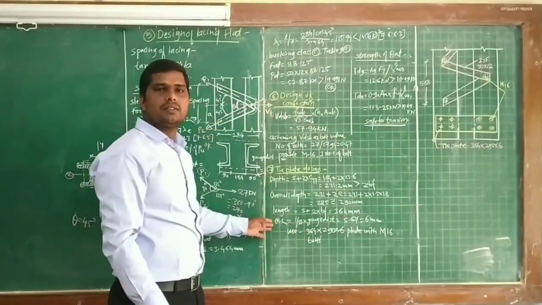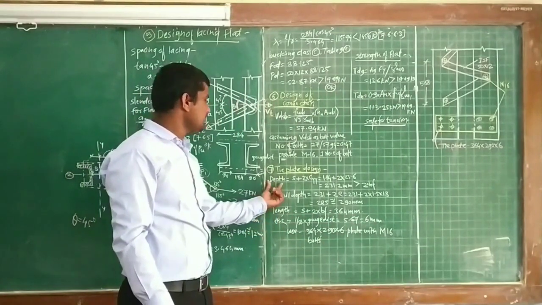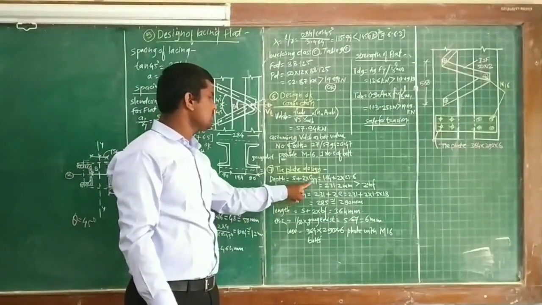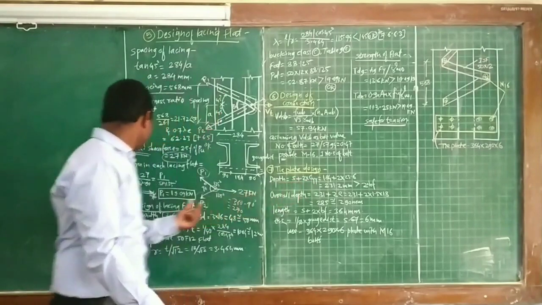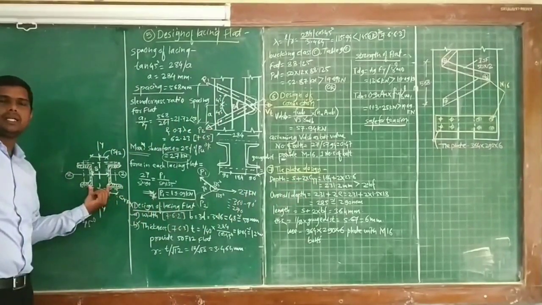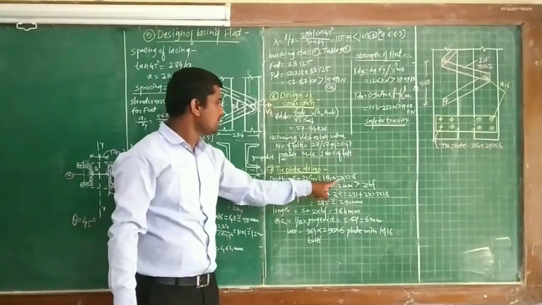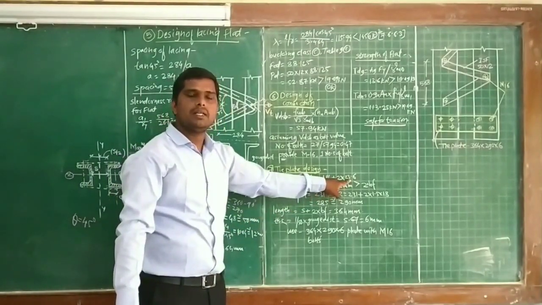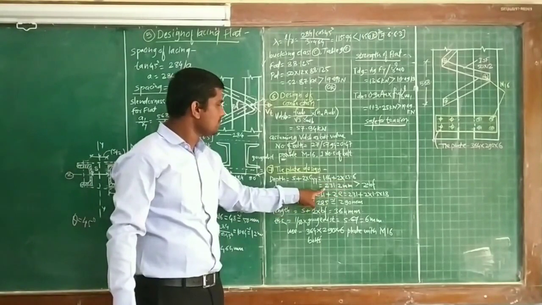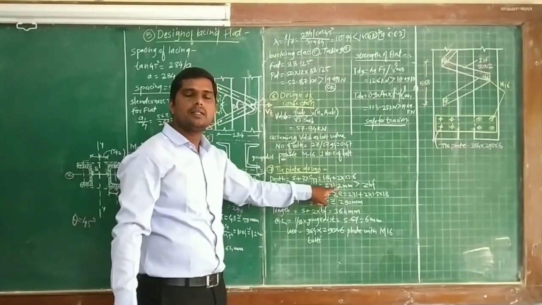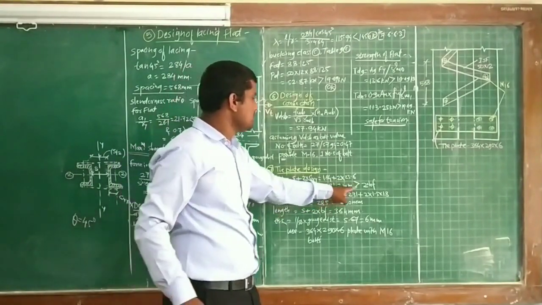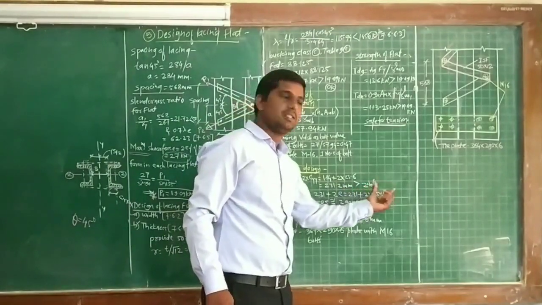So depth is equal to S plus twice of C by Y. S is the spacing between these two channels when placed back to back, and this distance is 184, plus twice of C by Y distance 23.6. So the answer will be 231.2 mm, which is greater than twice the width of flange.